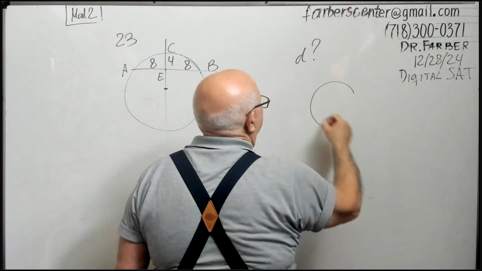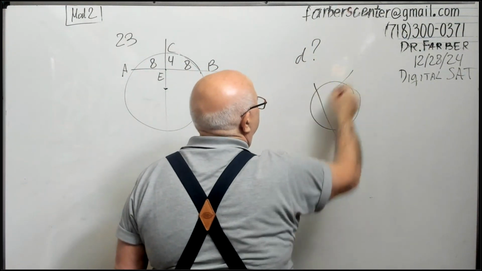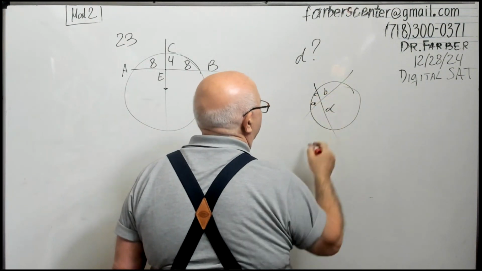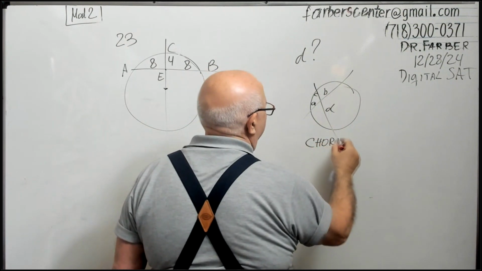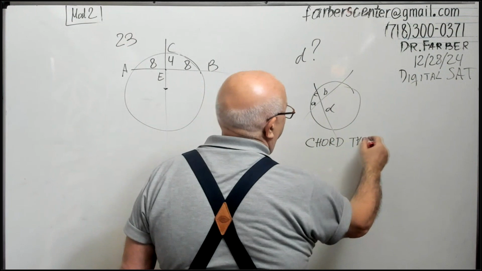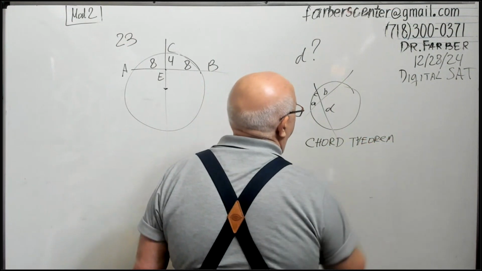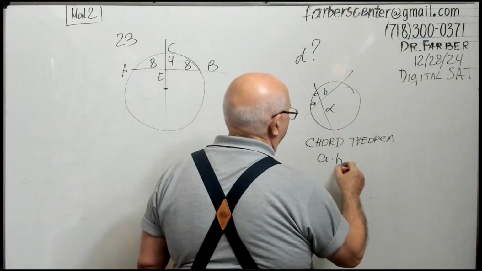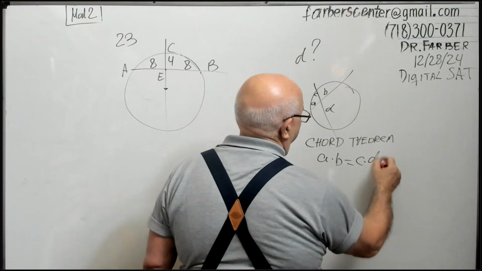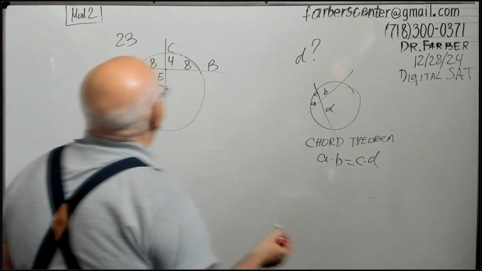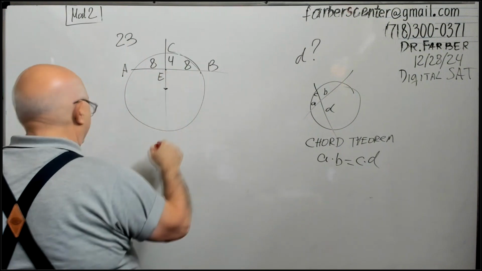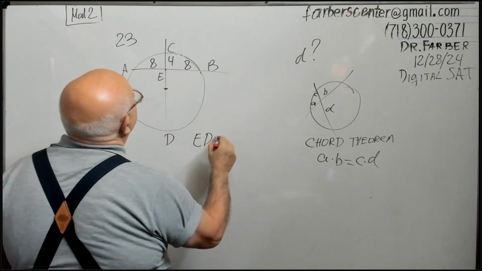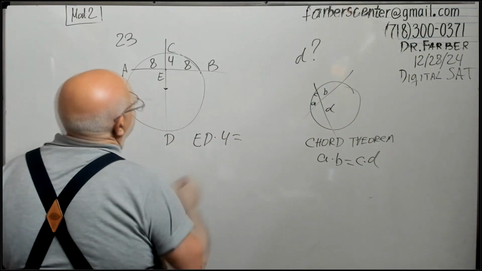If you have any circle and you have two chords, there's A, B, and there's C and D. We did the chord theorem with you. It doesn't matter what angle you have, but A times B equals C times D. So in one line, there's E, and ED times 4 equals 8 times 8.